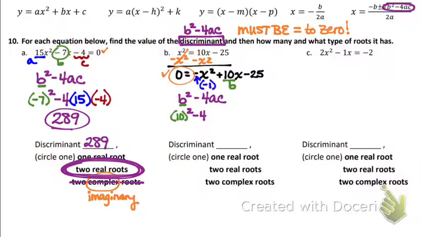Yes. And c is negative 25. When you pop this whole thing into your calculator, 10 squared minus 4, and then parentheses negative 1, parentheses negative 25, you get 0.